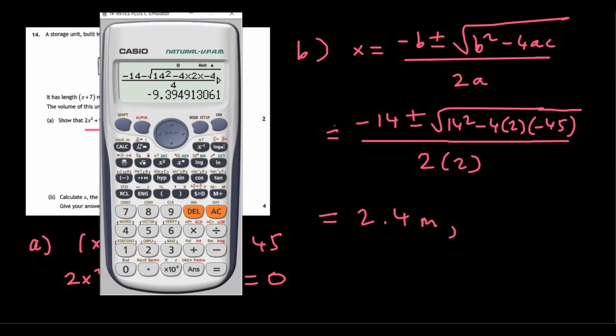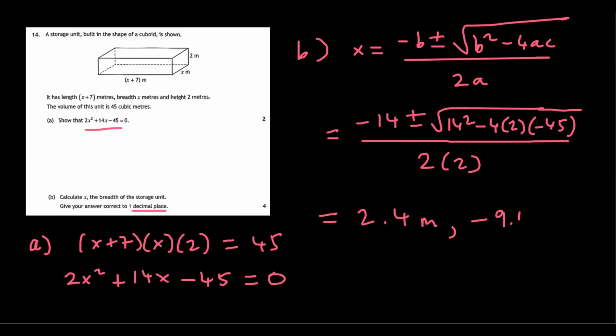And that gives minus 9.4. And because that's a negative number, we know it can't be a physical dimension. You can't have a negative length. So this solution is invalid, and then it would just be 2.4 meters.